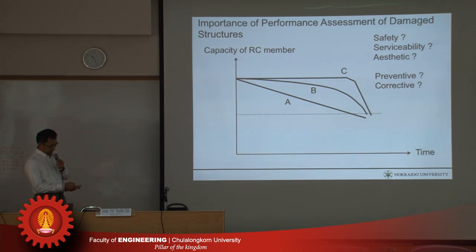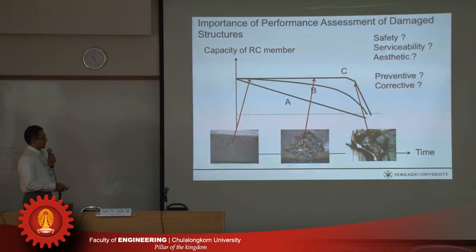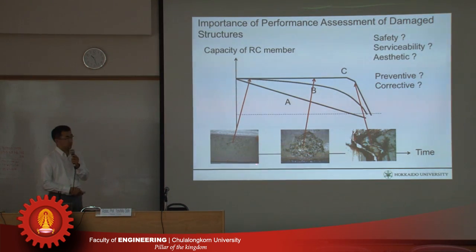As I said, let's compare with the appearance. Here, this is the capacity of an RC member, for example flexural capacity and shear capacity. At the beginning, in the case of freeze-thaw action, popping out would take place, but the capacity does not change. Bigger spalling would occur, but still no capacity reduction.